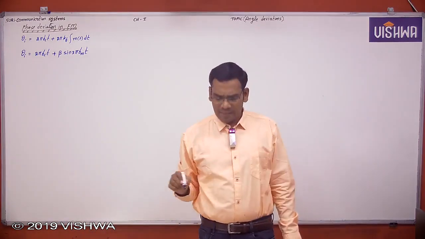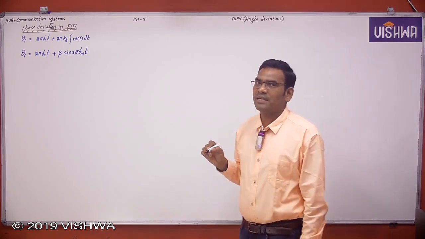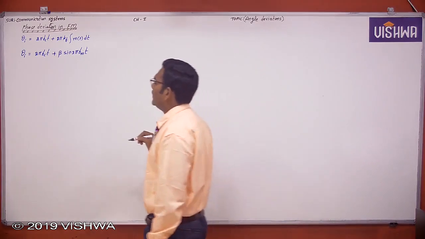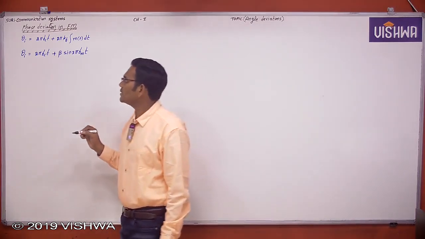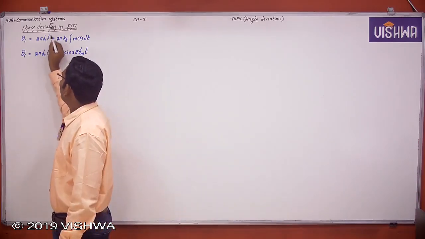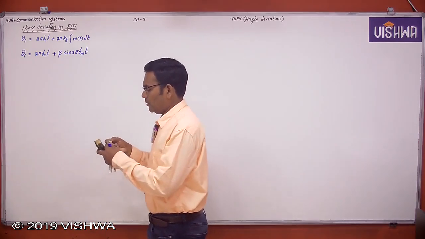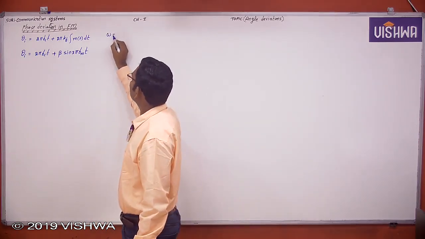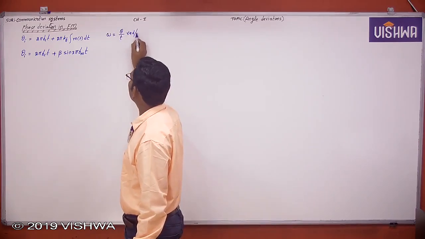Actually, in frequency modulation there is only frequency deviation, but frequency modulation comes under the category of angle modulation, right? So when phase changes and when frequency changes, the angle changes. Therefore, now I want to find the phase deviation. So you know that omega is equal to theta by t radians per second.